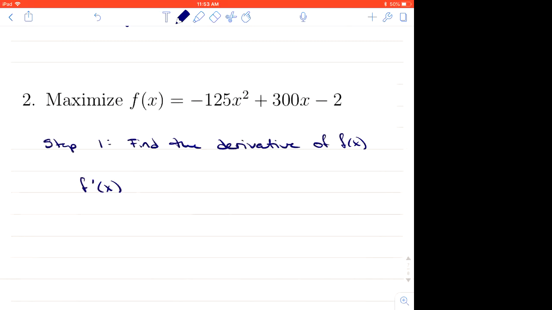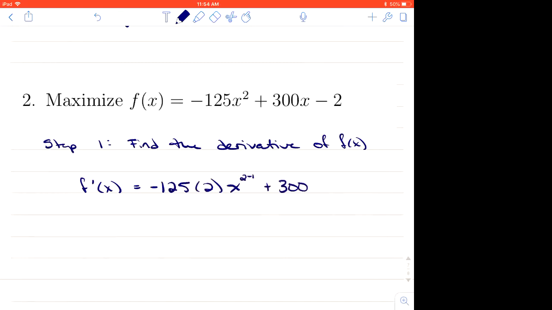F prime of x is the derivative of f of x. Do you remember what we did? We bumped it from the right, kind of decreased the powers, right? So we get negative 125 times 2x, technically to the power of 2 minus 1. You don't have to write that if you're comfortable with just leaving it as x, plus 300 technically times 1 times x to the power of 1 minus 1.